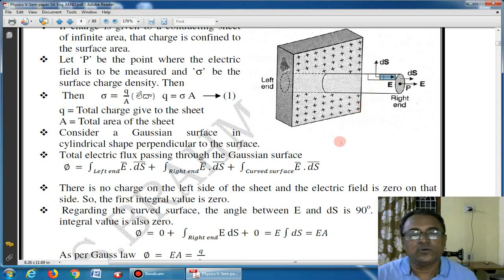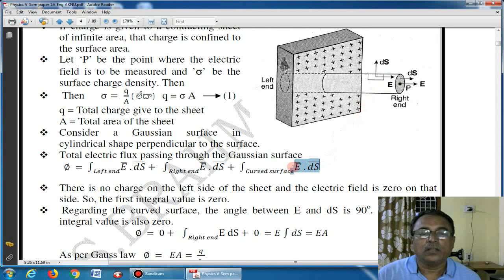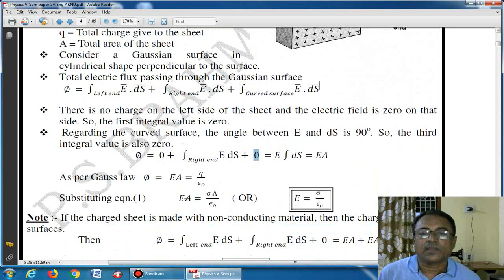So theta is equal to 90 degrees, cos 90 is equal to 0. Then this quantity also becomes 0. So the first term becomes 0 and the third term also becomes 0, and only the second term remains.